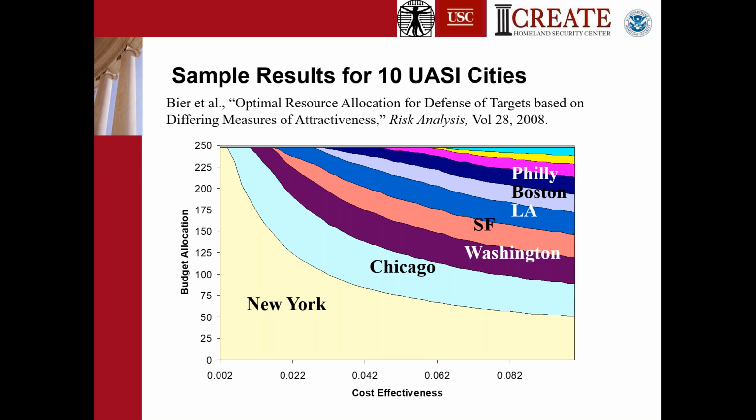So at the left, if our defenses are not very cost effective, then we should maybe be giving all of our funding to New York, or maybe just New York and Chicago, because even if they get a sizable amount of funding, they will still remain more attractive than other targets. As we move to the right of the picture and our funding becomes more cost effective, we can afford to defend a larger number of targets and divide our allocation much more equally.